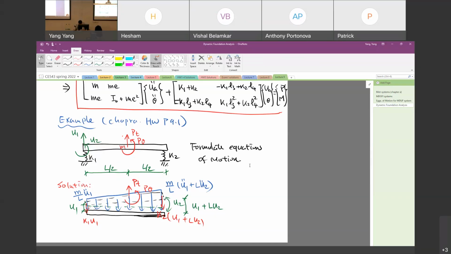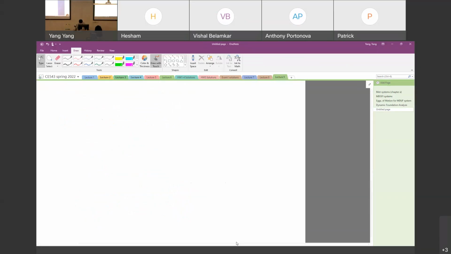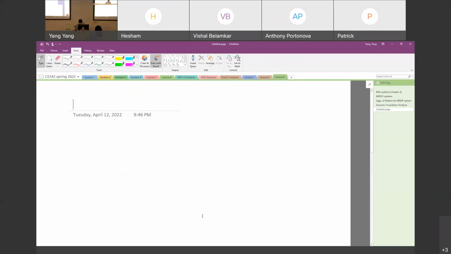Okay, so now let's formulate the equations. The first equation is about the vertical force, so we just add all the forces together.